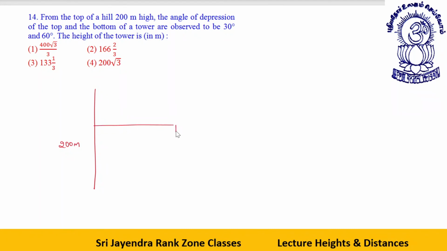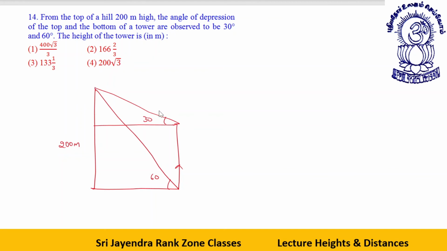See, this is a tower. Now from this, the angle of depression of the top and bottom, 30 and 60, are this. You have to determine the height of the tower.